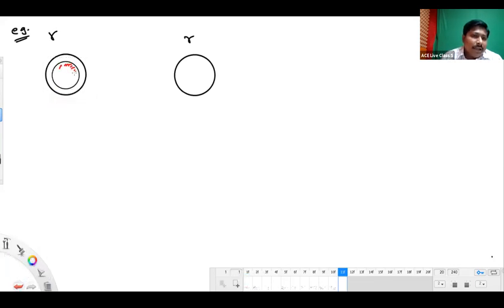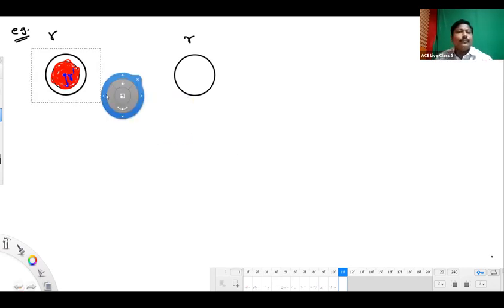This is the portion I am highlighting. This red color portion is a circle, of course, and its radius is 0.7788 into small r dash.